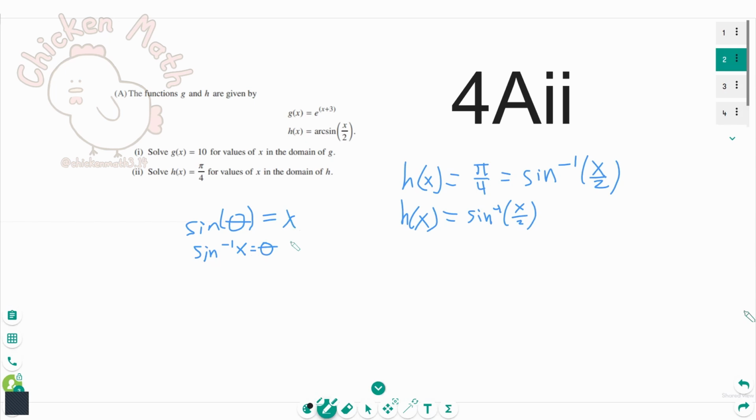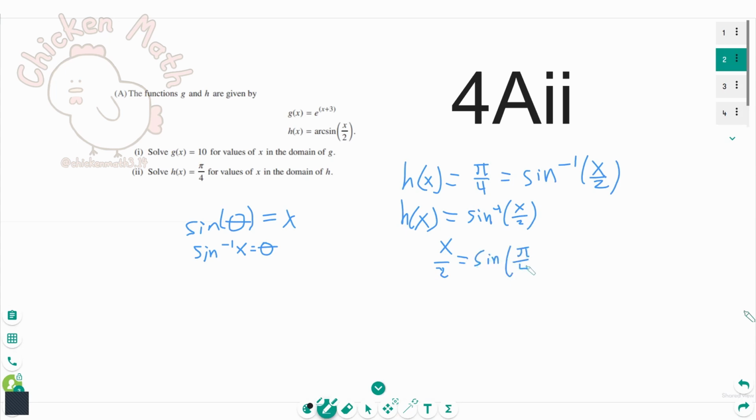So from this, we can plug this into this side, and we see that the sine inverse argument here is x over 2 and the theta is pi over 4. So we can write x over 2 is equal to sine of pi over 4.